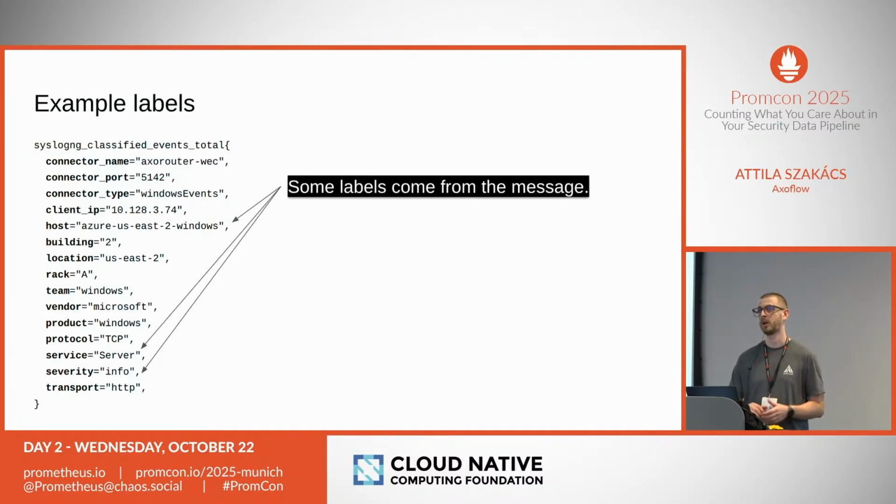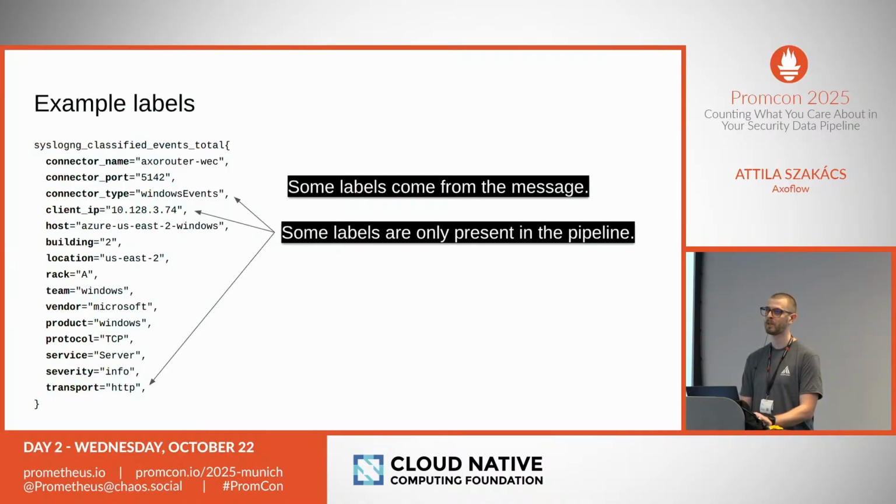We can see that some labels come from the message itself, like the host information, the service the log was generated by, and the severity of the log. Some labels are only present in the pipeline, which is very important, I think. I will circle back to that in a bit.